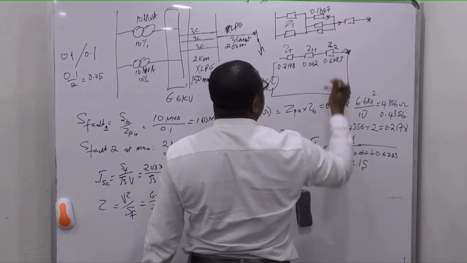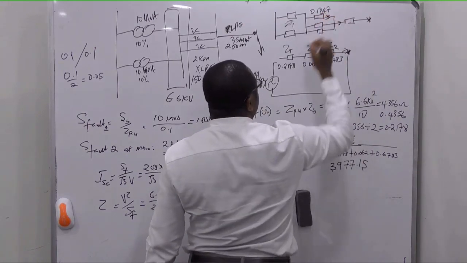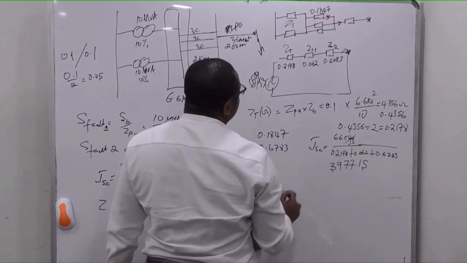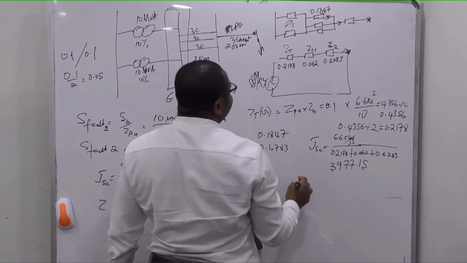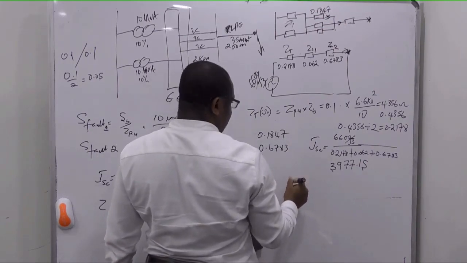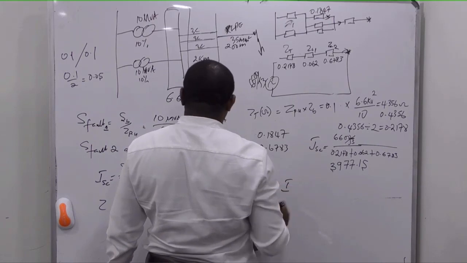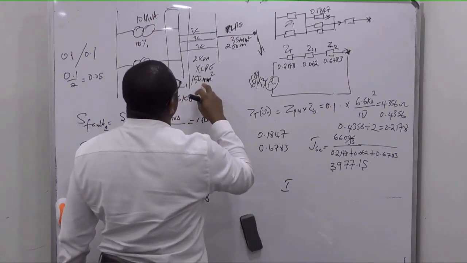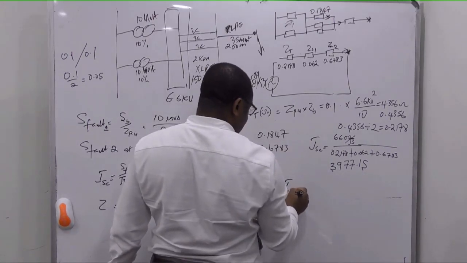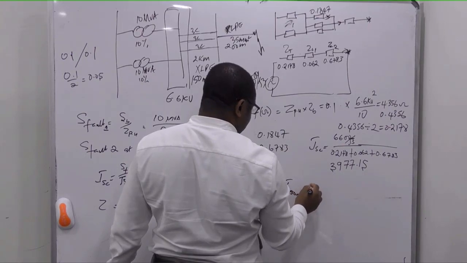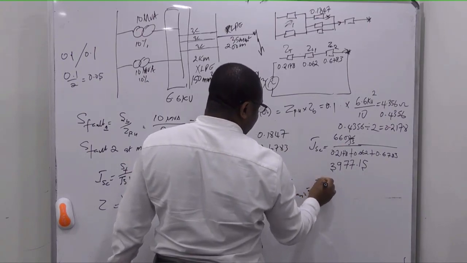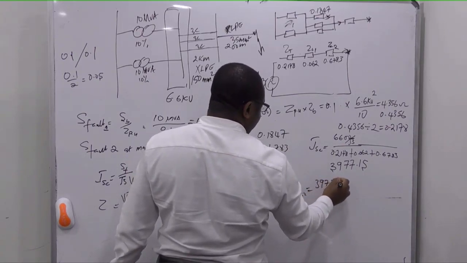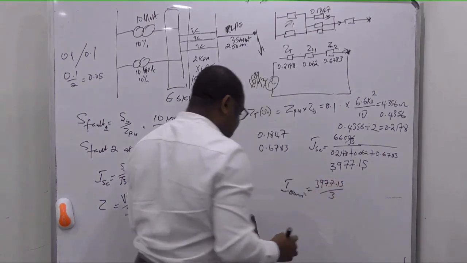So I'm going to divide this by 3 to know how much will flow through here. I through the 150 mils cable will be 3977.15 divided by 3.